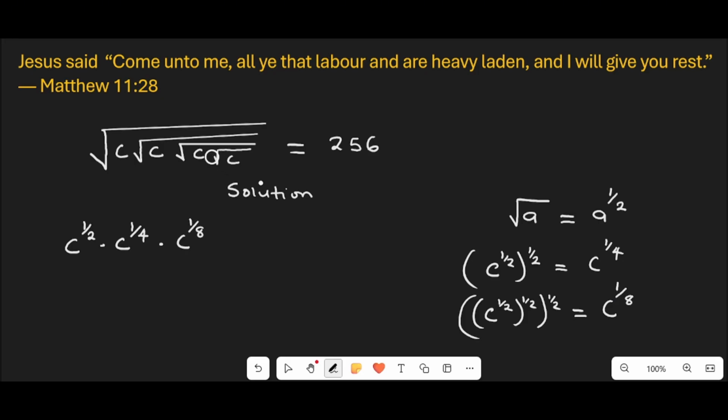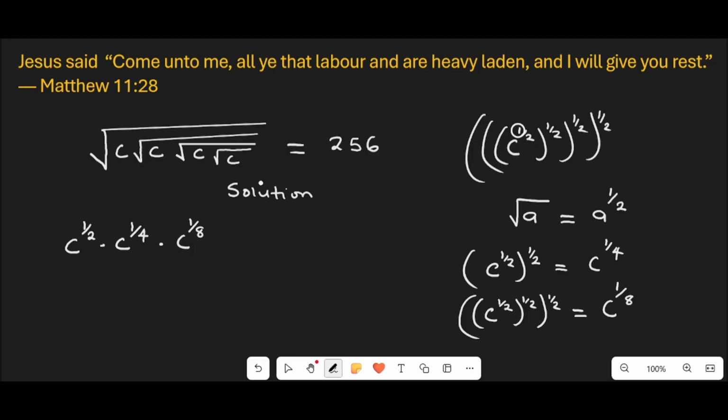Also, the last C is under the square root of 1, 2, 3, 4, which is C raised to power 1 over 2 everything raised to power 1 over 2, four times.